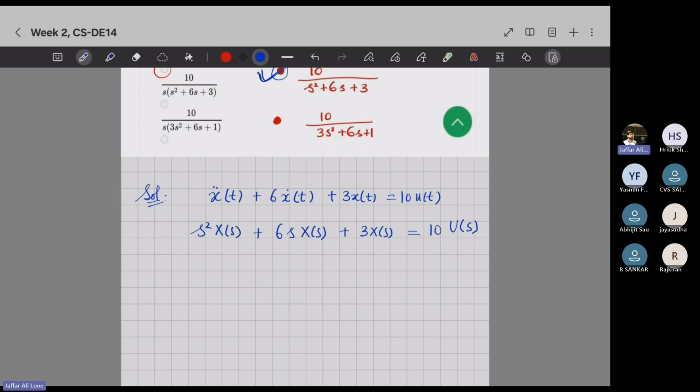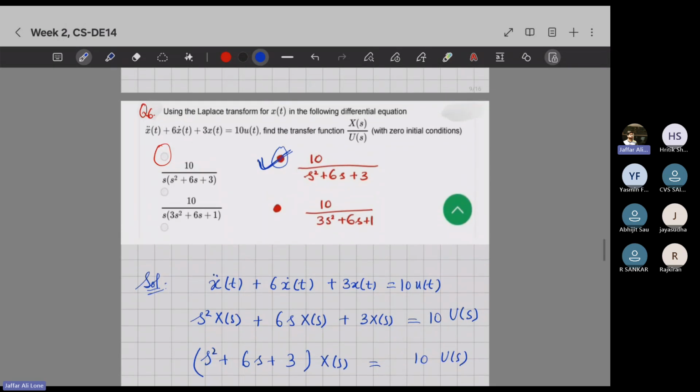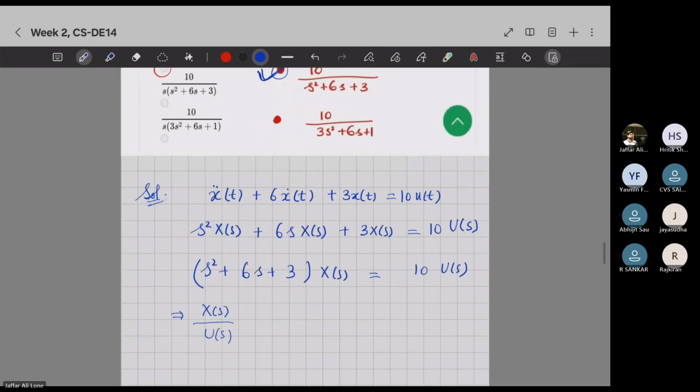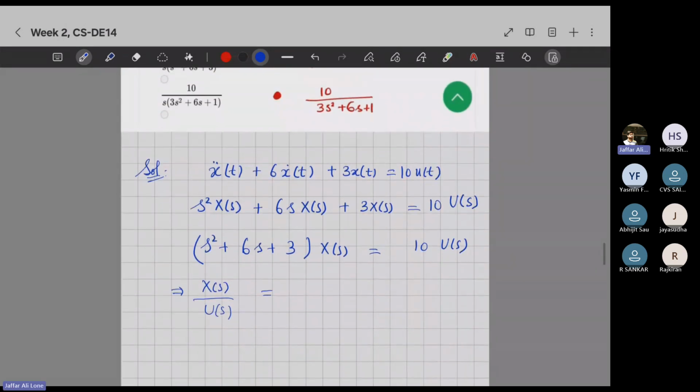So it will be s squared plus 6s plus 3 into X(s) equals 10 into U(s). Then output over input, X(s) over U(s), which is what was required, is given by 10 over s squared plus 6s plus 3. Very simple.